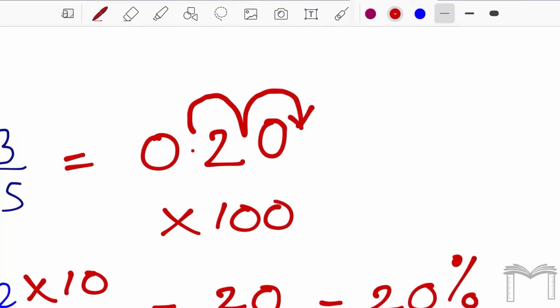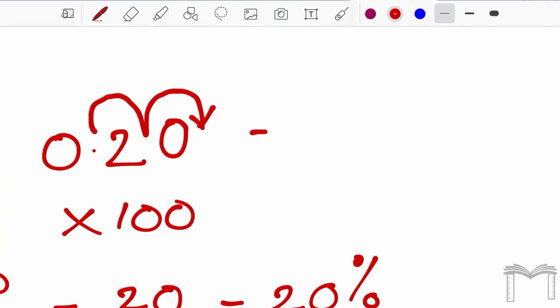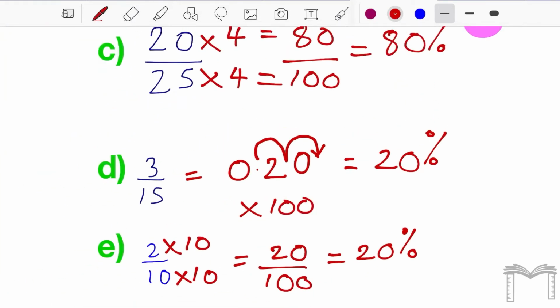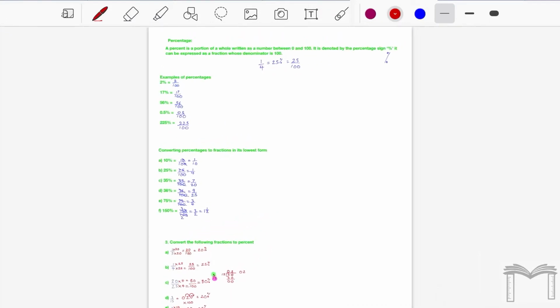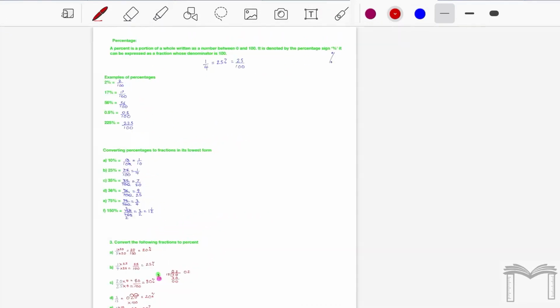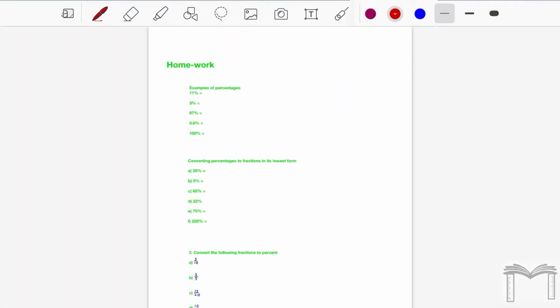So if we have a fraction or a decimal, we can multiply it by 100 to determine what percent it is. So that's 20%. Okay, so that brings us to the end of the exercise.